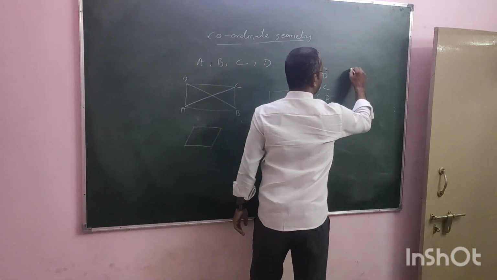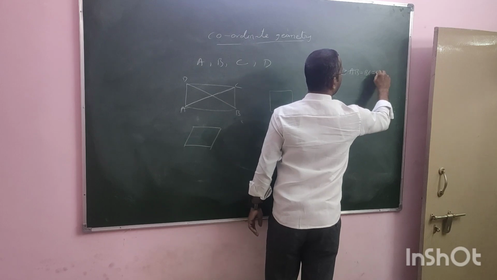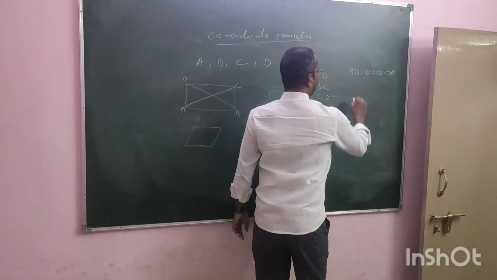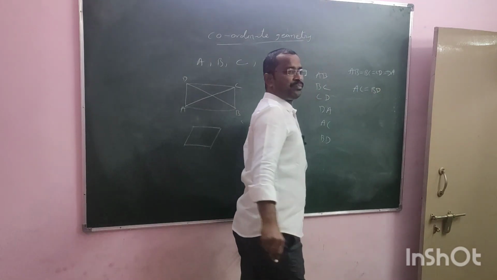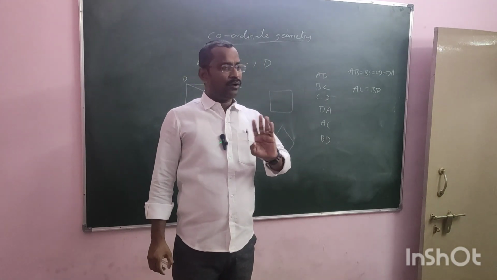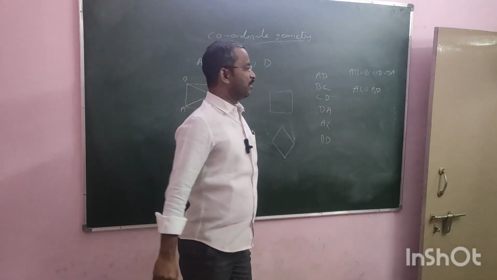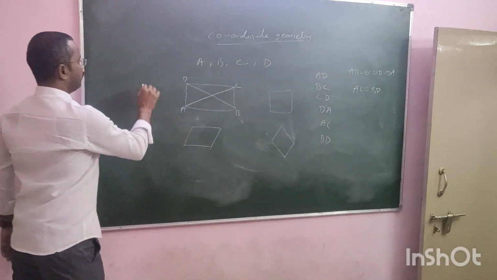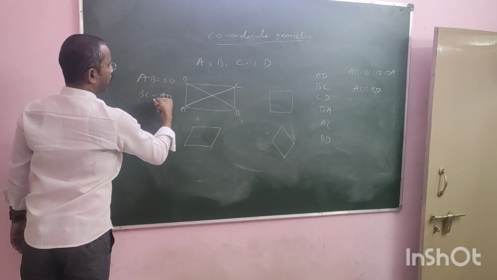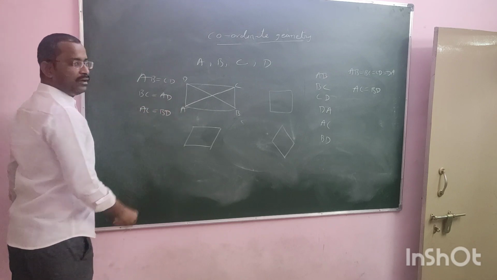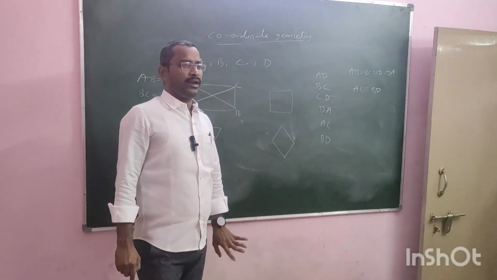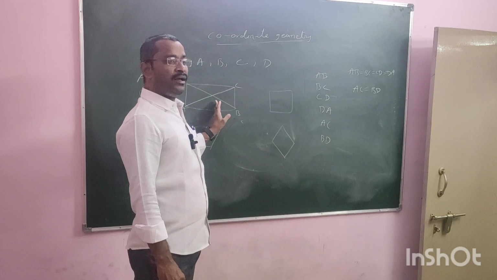Now let me explain. If you get AB equal to BC equal to CD equal to DA, all sides equal, and AC equal to BD, then it is going to be a square. All sides equal, diagonals equal, square. If you get AB equal to CD, BC equal to AD, AC equal to BD, opposite sides equal and diagonals equal, then it is a rectangle.